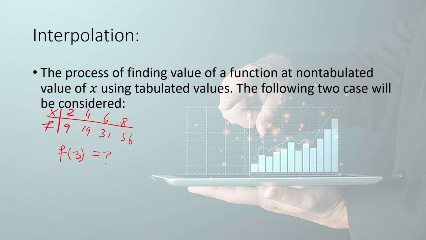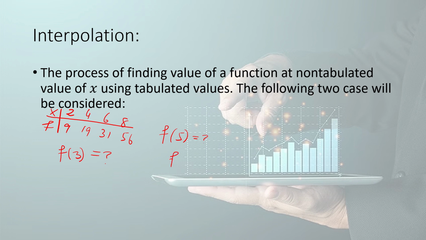Now clearly you can see that the function is not defined explicitly, so it's not possible to find this value directly. So we have to go for the interpolation process. You may be asked what's the value of this function when x is 5.